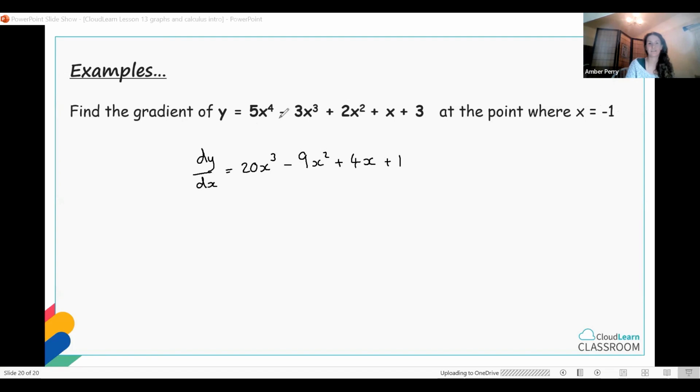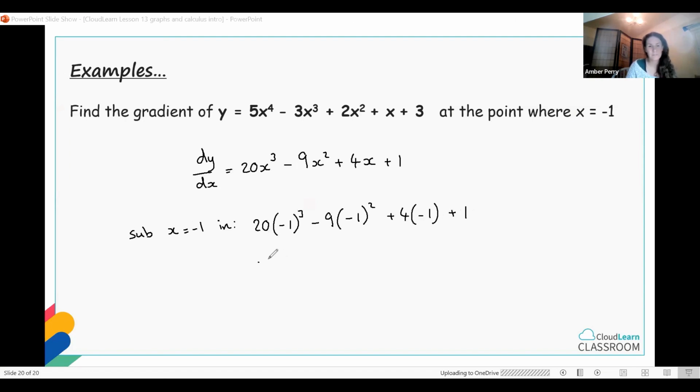Okay, so just differentiating this. Then we're going to substitute x equals minus 1 into that gradient. So we're going to have 20 times minus 1 cubed minus 9 times minus 1 squared plus 4 times minus 1 plus 1.